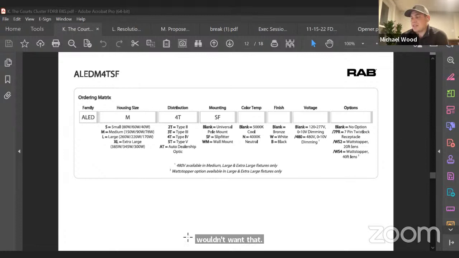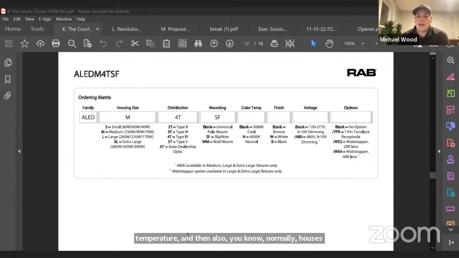Normally houses have about 3,000 or 3,500 Kelvin for light fixtures, which are even warmer. So I think that's all that Cam is concerned about, making sure this fixture is appropriate for your poles.